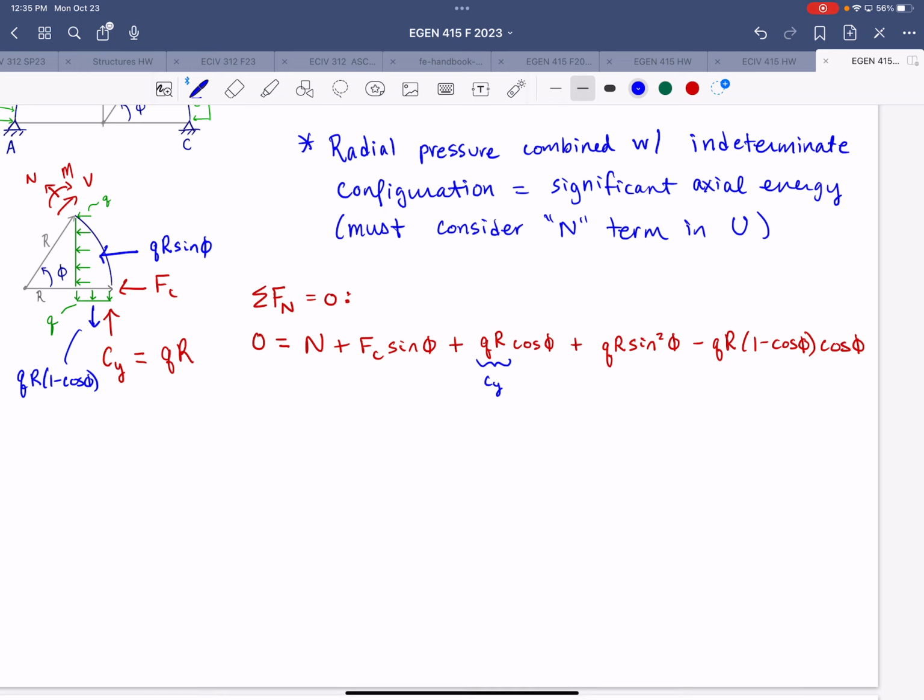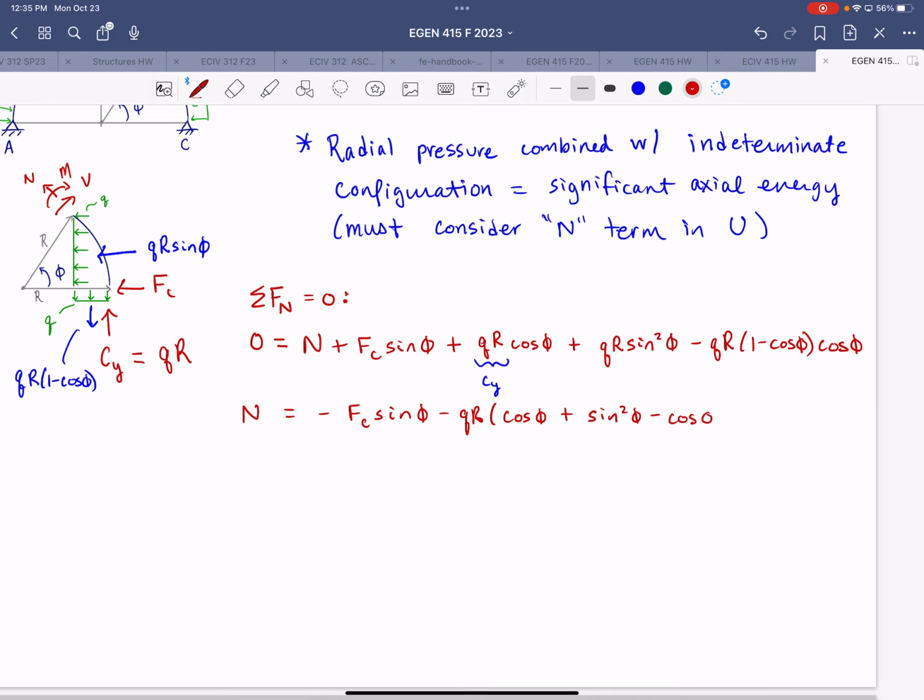And then solving for N, it'll simplify a little bit: negative FC sine phi minus QR, and that gets multiplied by a cosine phi, a sine squared, a negative cosine phi, and a positive cosine squared.